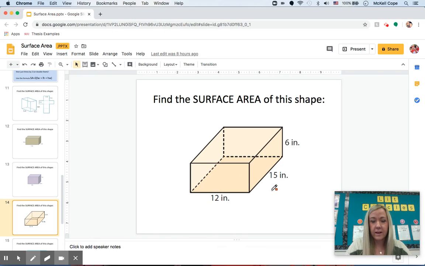So once again, we can do it another way as well. We could list all of the rectangles and do them in the chart just like that. But for the sake of time, because this is getting a little bit long, I'm just going to step you through it with my words, and then you can check yourself to see if you're right. So first, I'm going to take these two, 12 times 15, and that gives me an answer of 180.